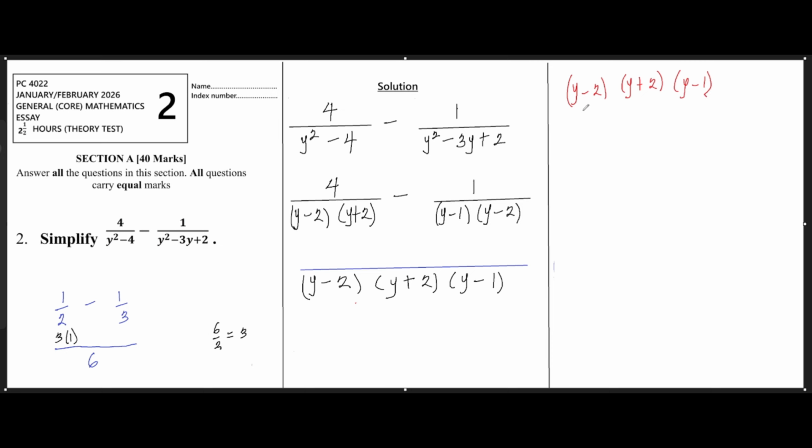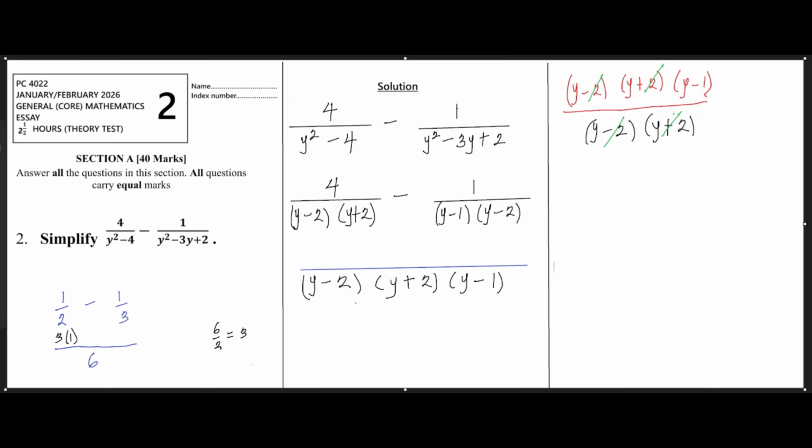So we are going to divide the LCM by the first denominator, which is y minus 2 multiplying y plus 2. What do we see? We could see that y minus 2 can cancel out, and then y plus 2 can also cancel out. So we are left with y minus 1.